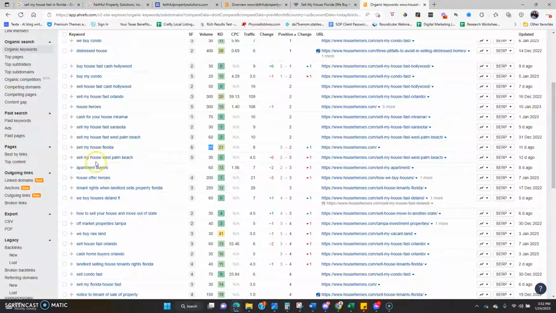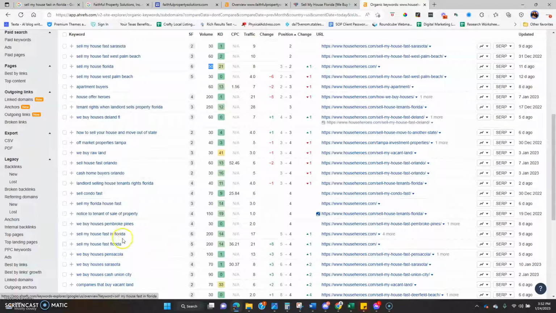It's a little bit difficult. Sell my house, also offer heroes. Let's see, sell my house Florida. There's 200 searches. We want that. 14, not too bad in ranking. And then they are ranked number 4, so you can use that in your website. So you understand what I'm saying. We buy houses Pensacola. You can use these terms in your website, and this will really help you out.